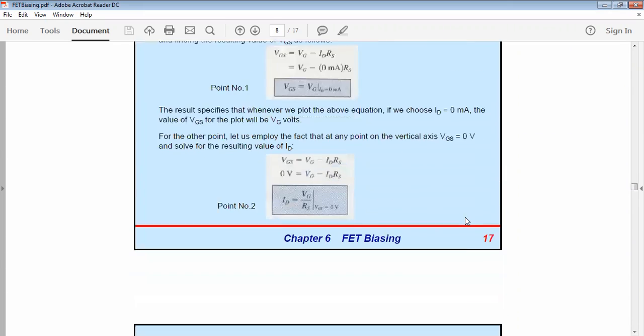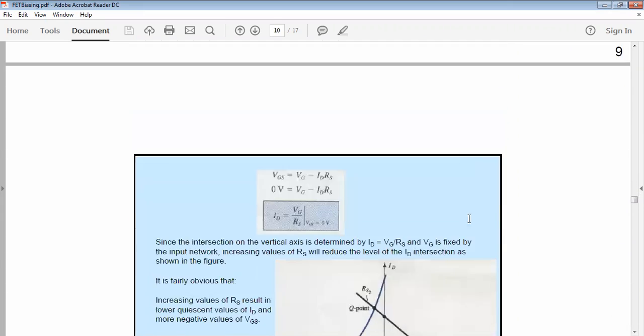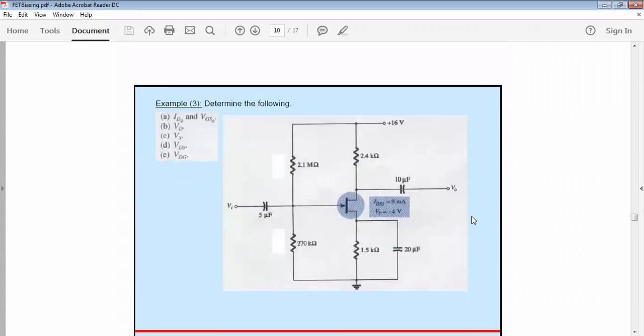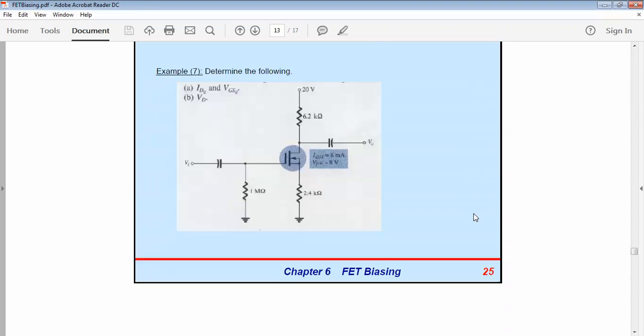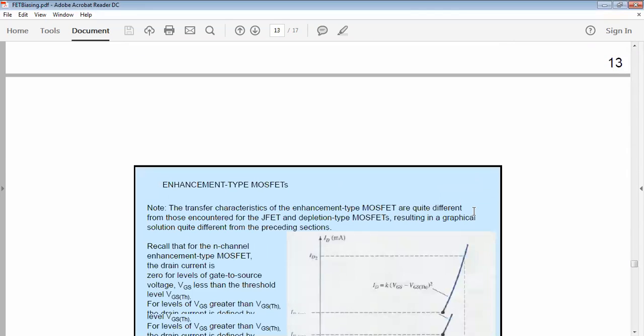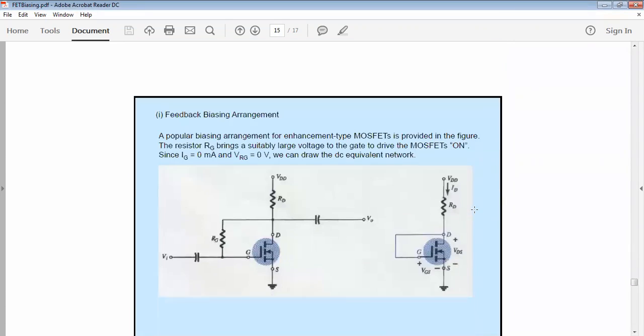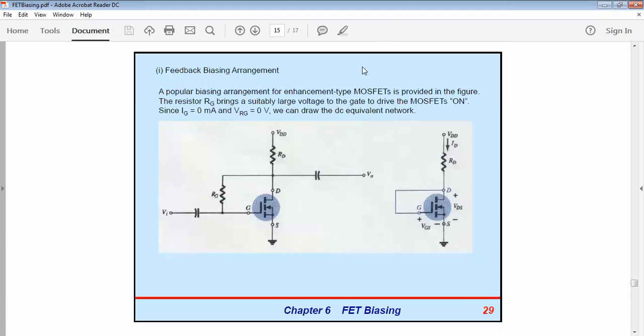Then come to the last biasing technique, which is the feedback biasing arrangement. Feedback biasing arrangement is also called drain to gate feedback.